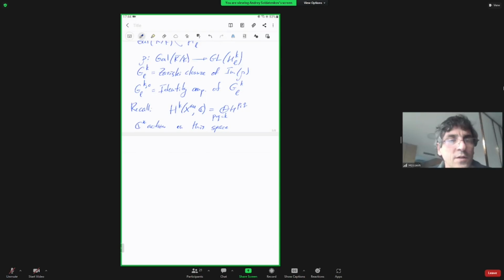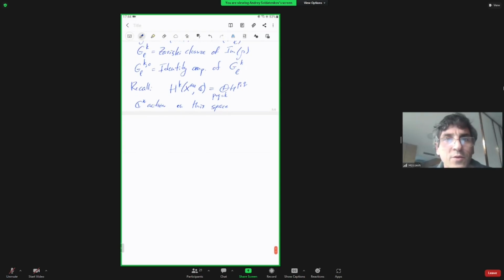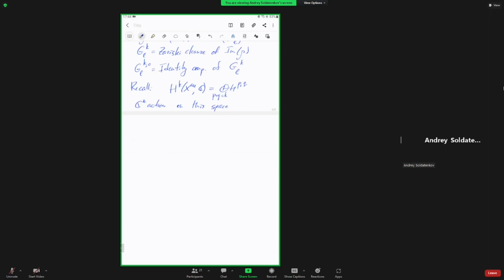Okay, so maybe let me not go into the details. Let me say that we consider this action, the representation of C-star, and then we take the smallest algebraic group defined over Q whose complexification contains the image of this representation.